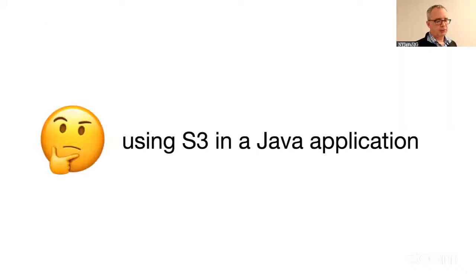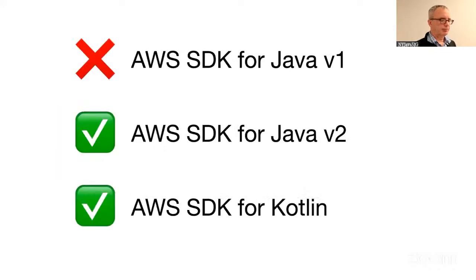And so for Java developers like us, the real way that people build things is with an SDK. There's an older SDK called V1 SDK. The V1 SDK is, I don't know, more than 10 years old at this point. And if you're starting a new project today, don't use V1, go to V2.